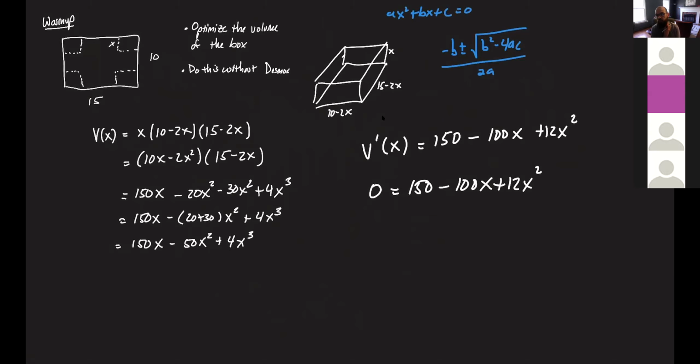So if I want to solve equations that look like ax squared plus bx plus c equals 0, I use this formula. We can plug these in.